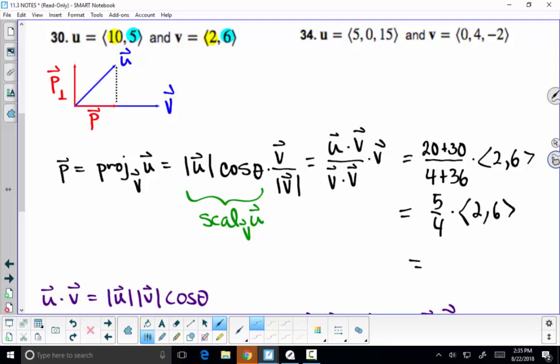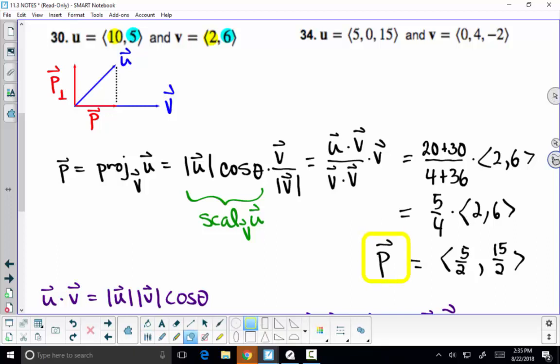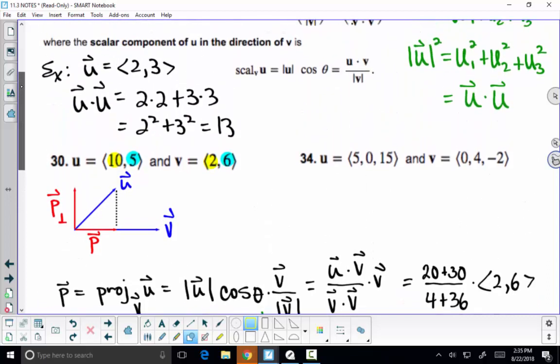And that distributed across is going to be 5 over 2, comma 30 over 4, 15 over 2. So that is our projection vector. There's p. All that work to get p. Did they ask us for both there?